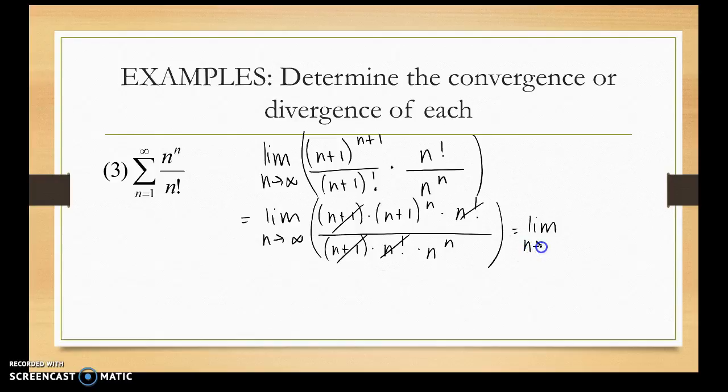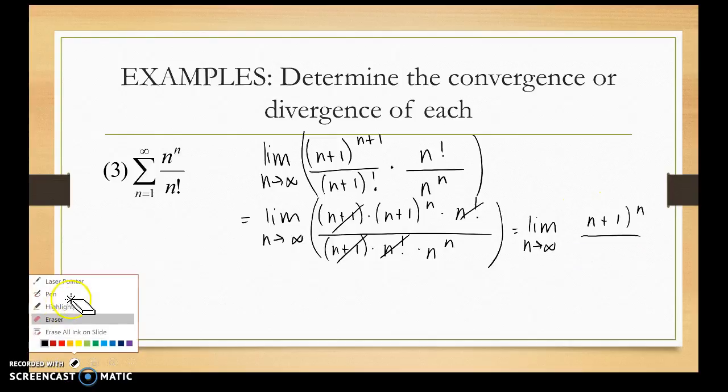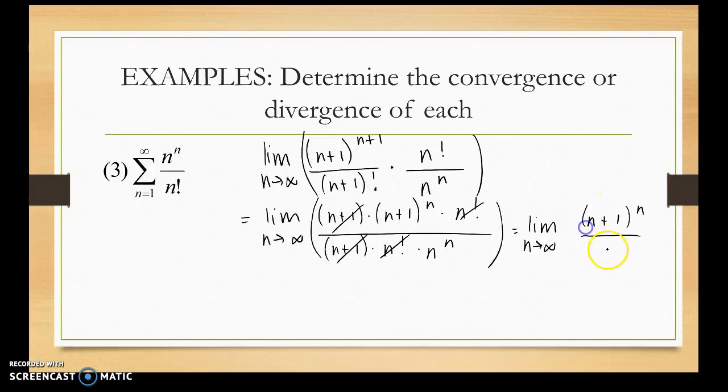So now I have the limit as n approaches infinity, n plus 1 to the n, all divided by, I didn't want to break that up just yet, n to the n. Okay, now when you look at this, there's no way that I could cancel n to the n because I can't expand that binomial on the top at all.